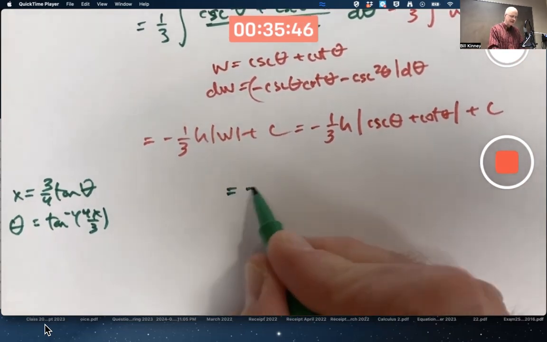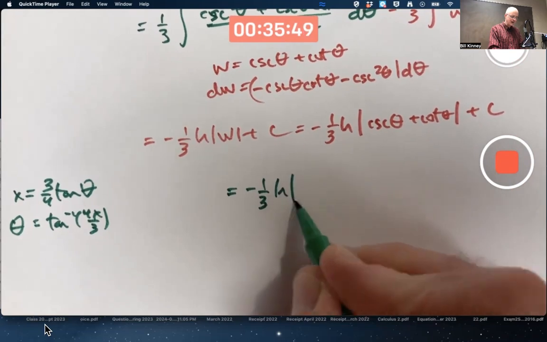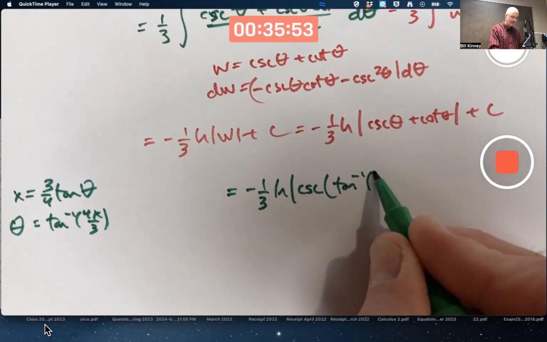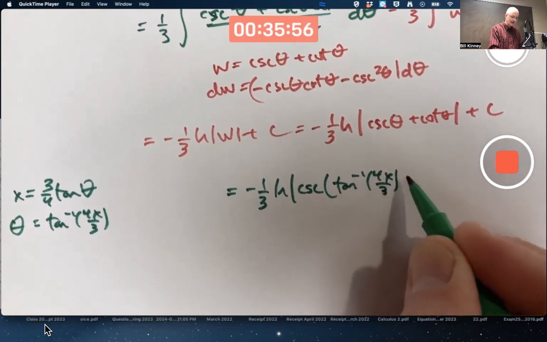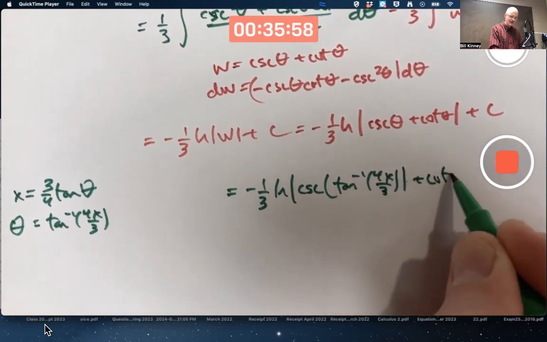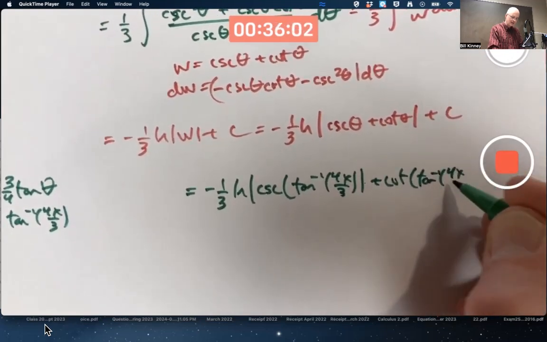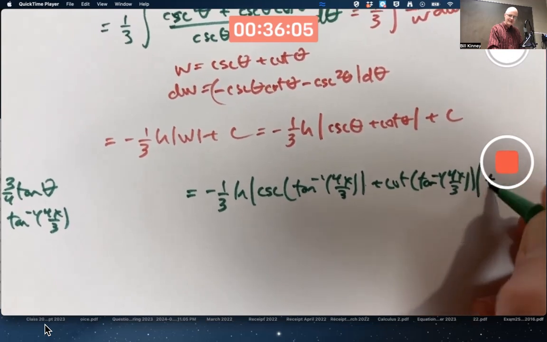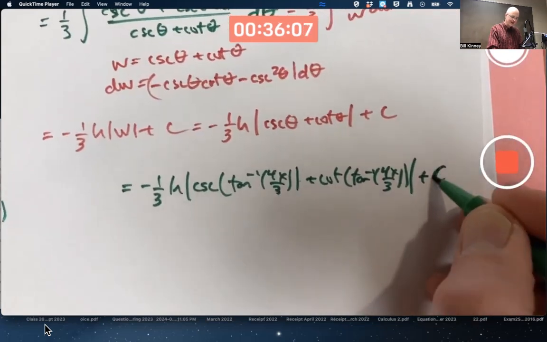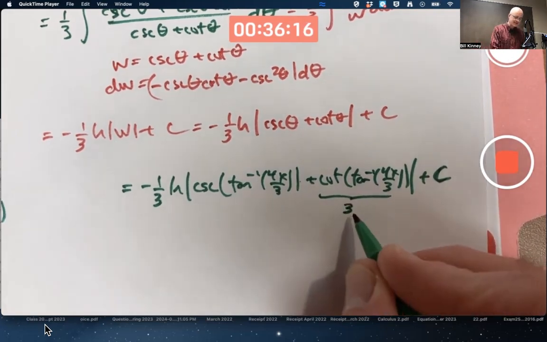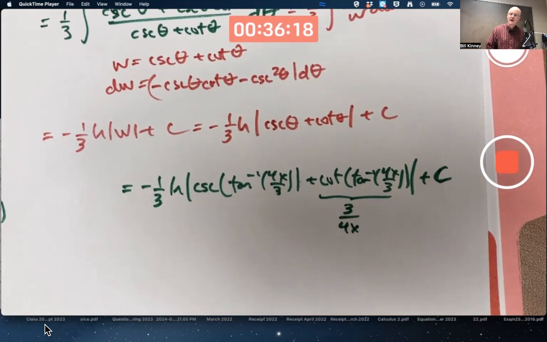Make that replacement: negative 1/3 natural log of cosecant of inverse tangent of 4x over 3 plus cotangent of inverse tangent of 4x over 3, plus C. This one simplifies. Careful though, it's not the tangent of the inverse tangent, it's the cotangent of the inverse tangent. It simplifies to the reciprocal of what's inside, 3 over 4x instead of 4x over 3.